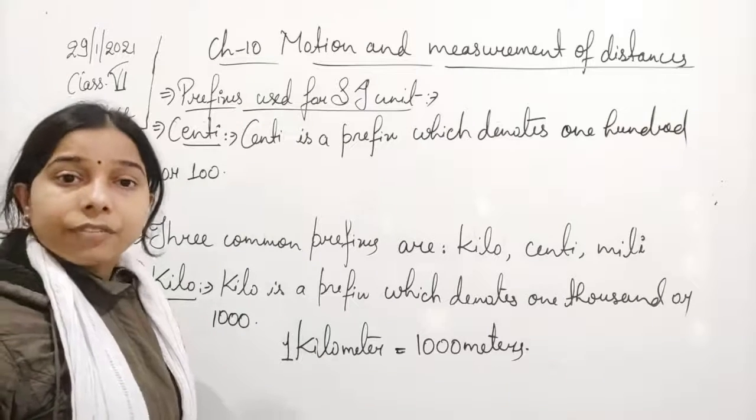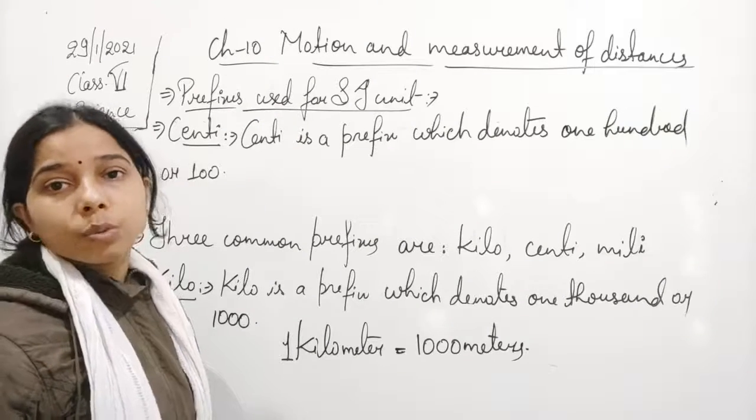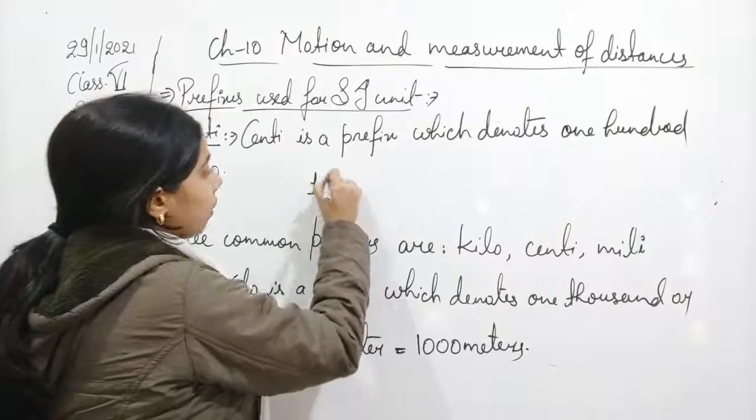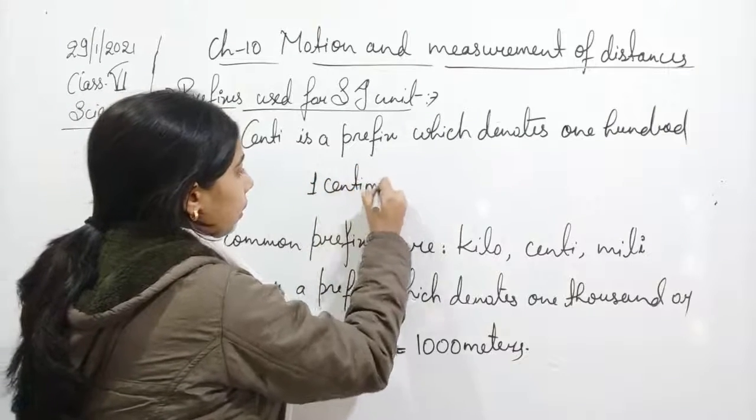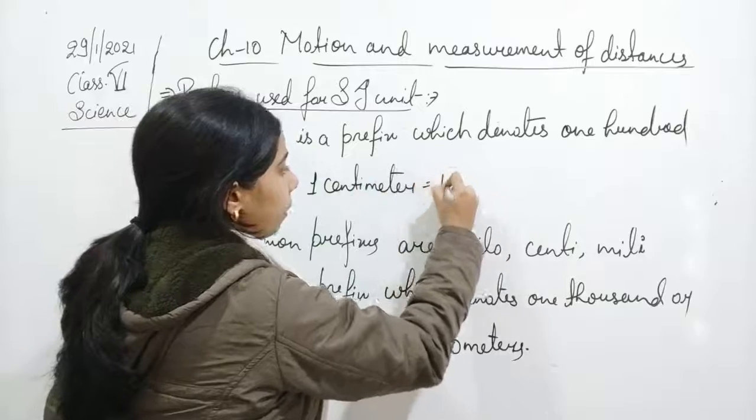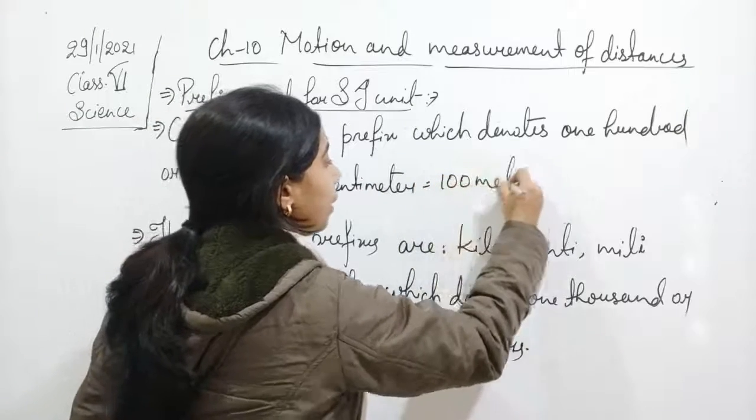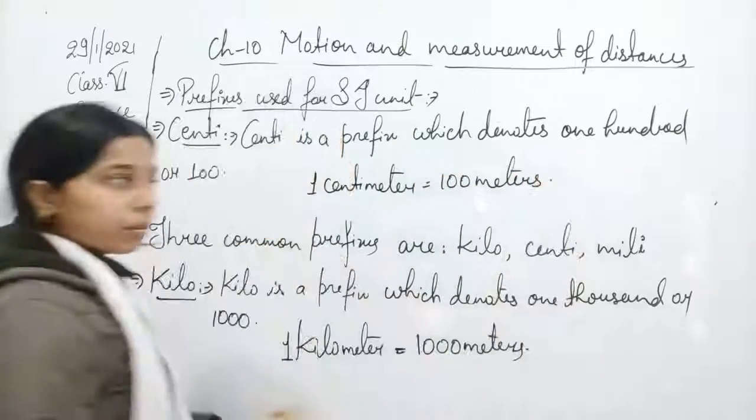What does that mean? If suppose we will combine the centi to that of the meter, so 1 centimeter will be equals to 1 by 100 meter.